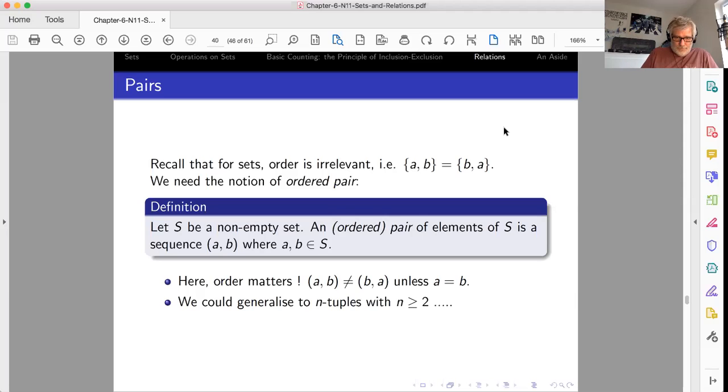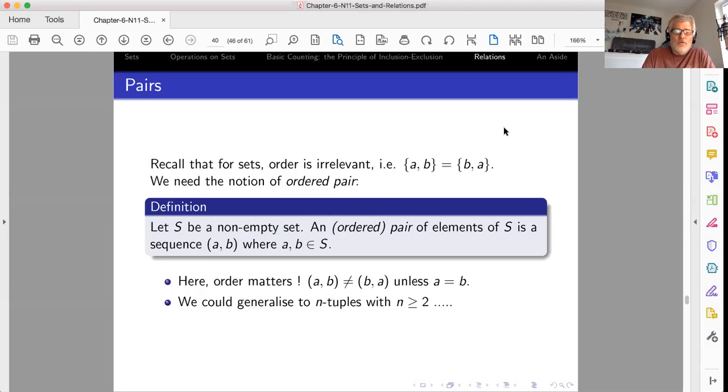Okay, so again, if you remember when I defined the notion of set and the notations for set, when we write down the elements of a set with the curly brackets, the order of elements does not make any difference. So if I write curly bracket A comma B or curly bracket B comma A, it's the same set. It's the set that contains the elements A and B. That's it, okay? But I'd like to consider the case where the order actually matters. So these are called ordered pairs, and we use just the normal round brackets for those.